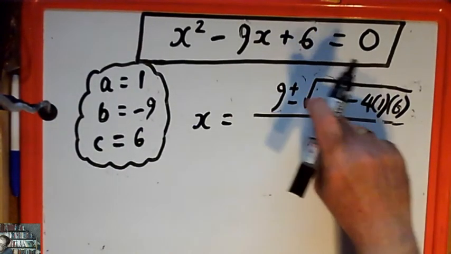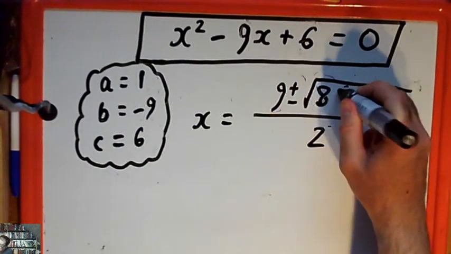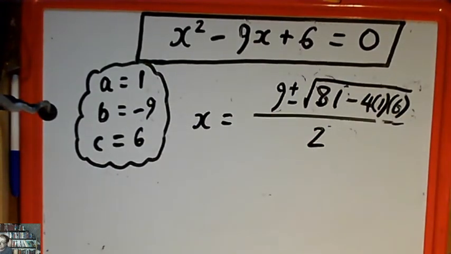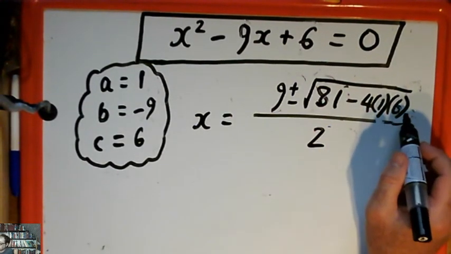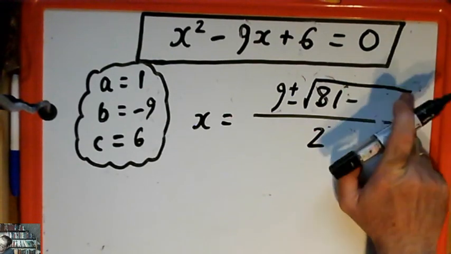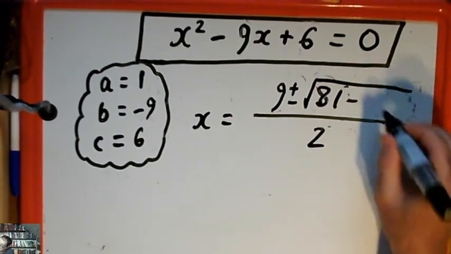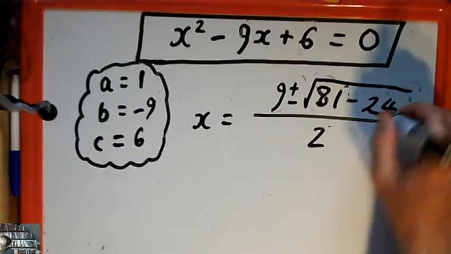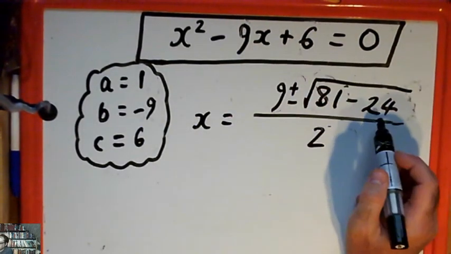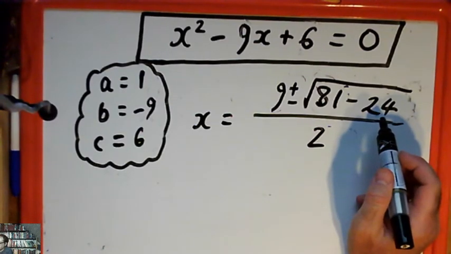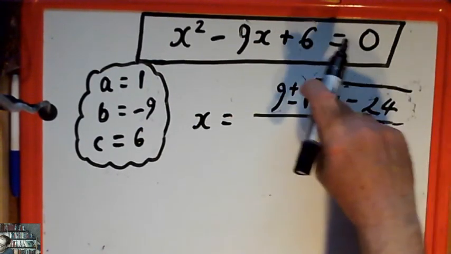So we get 81 there, not minus 81. And then 4 times 1 times 6 is 24. So I can replace all that last bit with 24. Then I've got 81 minus 24 inside the square root. So that's 57, isn't it?